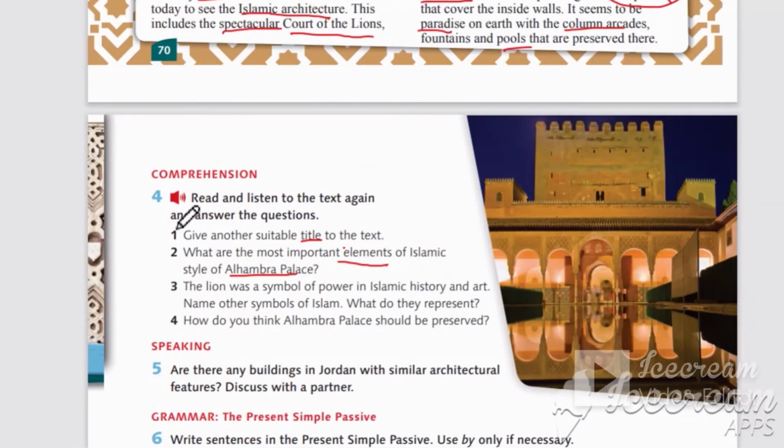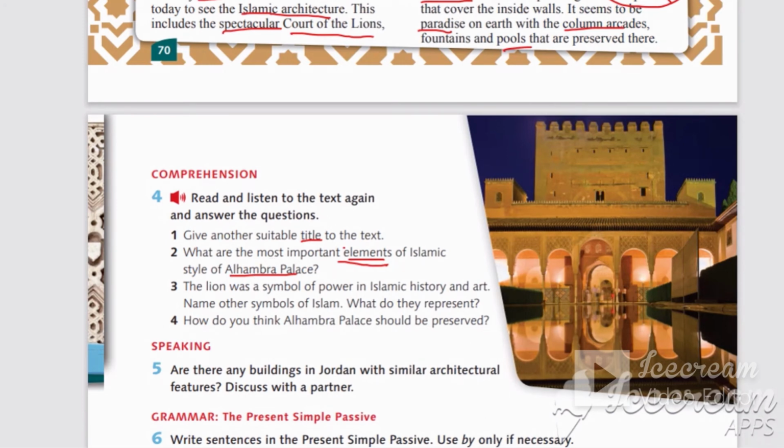Okay, now we will answer the comprehension questions. Read and listen to the text again and answer the questions. Give another suitable title to the text. Islamic architecture. What are the most important elements of Islamic style of Alhambra Palace?